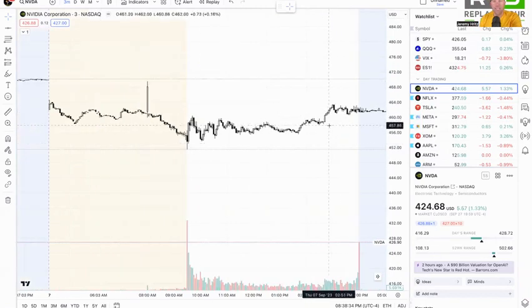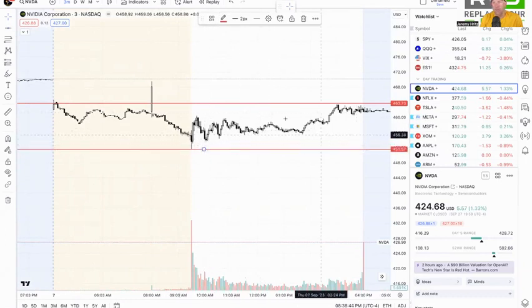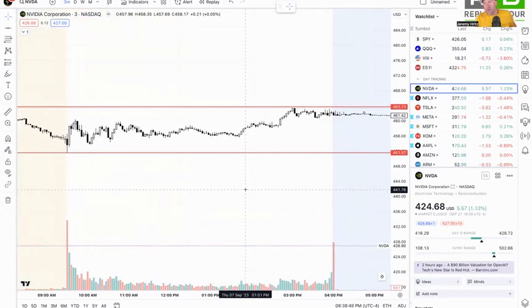So when you see days like this, where it's just kind of ping-ponging in a channel, for instance, if I draw a line here and a line here, we're kind of hovering within this channel. This would be the third type of movement that I talked about. It's not bullish, it's not bearish. Sure, there are tiny little fluctuations within here, but we would just call this an inside day or a choppy day.